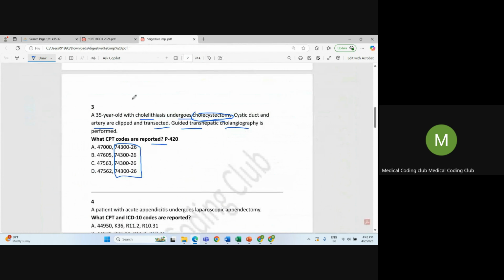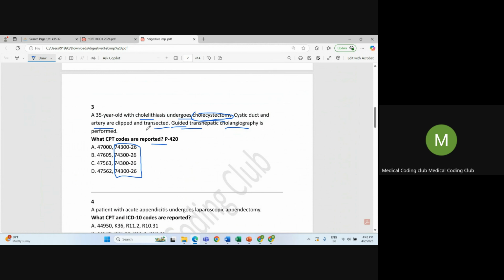And you can see for intraoperative cholangiography, radiologic supervision and interpretation, 74300 and 74301. What they have performed here is transhepatic.